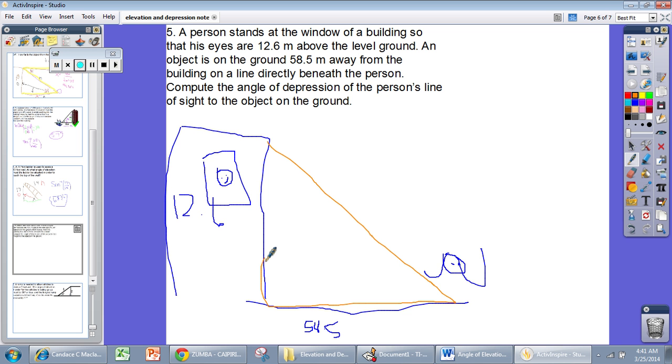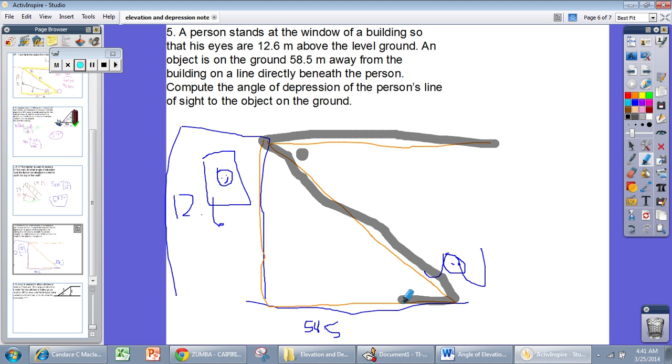Alright, so we want angle of depression, which we know is straight out. And it's going to be this angle right here. But we know, because of our Z, which is backwards, that that angle and this angle right here are congruent. So I'm going to use the one inside the triangle.